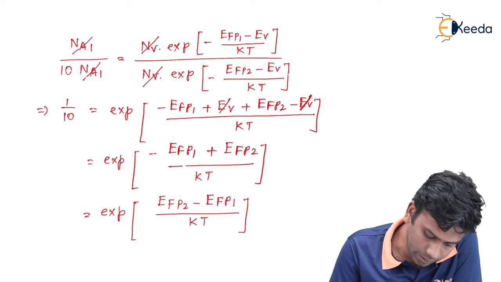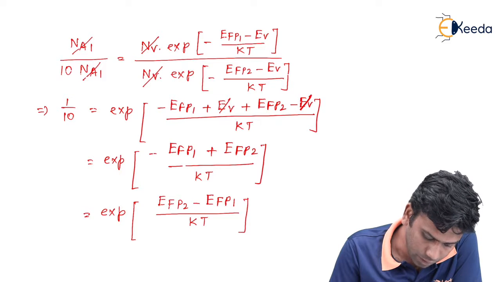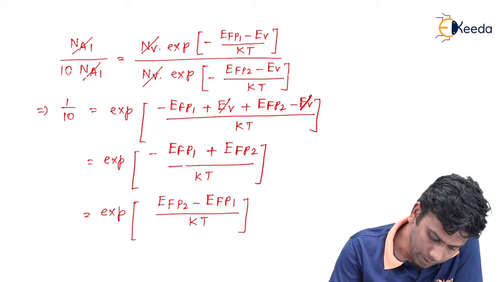So, ultimately, after simplification, we have the kT value.